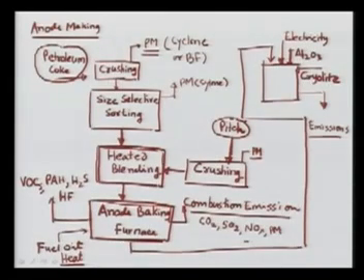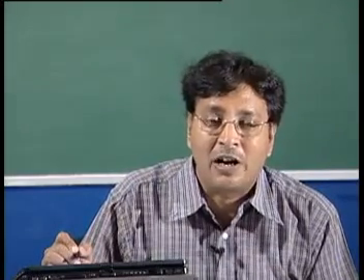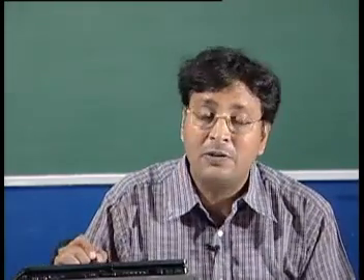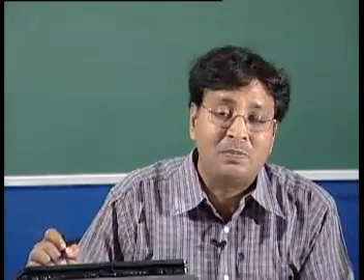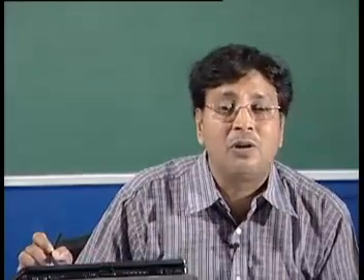The second side of the story is that once we have the coke that came in the process, and the pitch that came in the process here, the impurities there are also emitted. Otherwise these impurities will go into your cell, in the pot line or the pot, and the quality of the aluminium production will go bad.